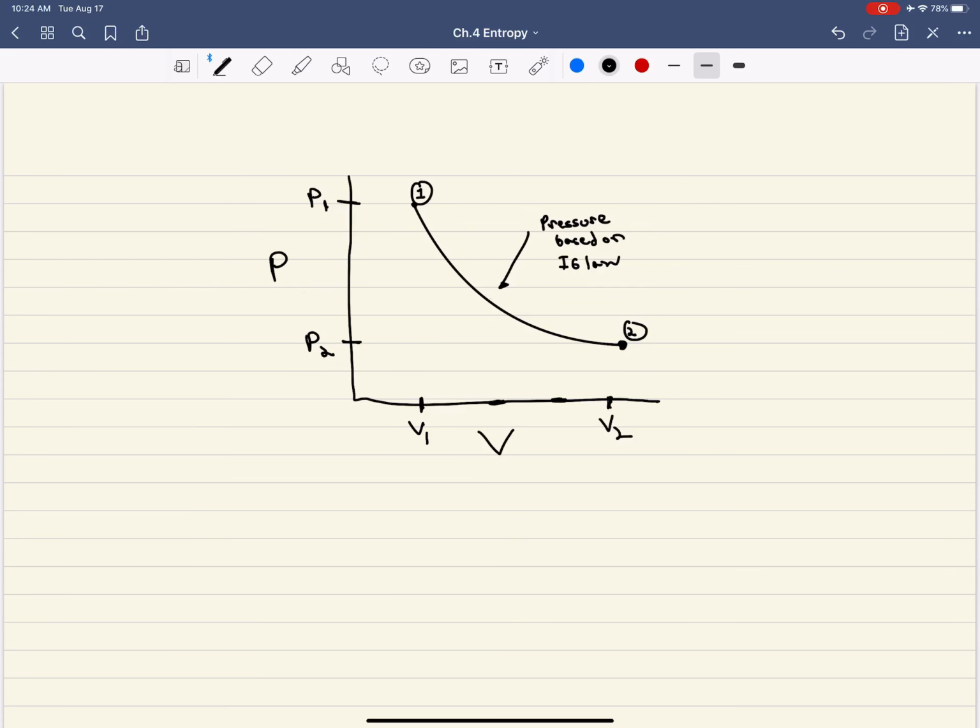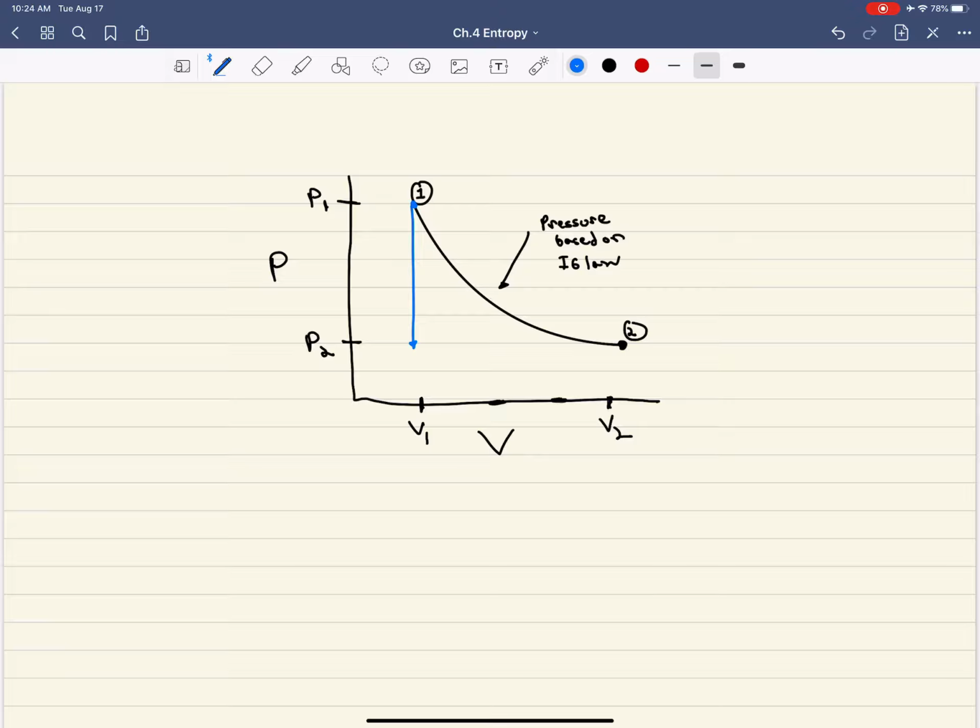In this pressure volume graph, we're starting at state 1, and all we're doing is staying at the same volume, but lowering the pressure of our system down to pressure 2. Okay, so that's what we're doing.